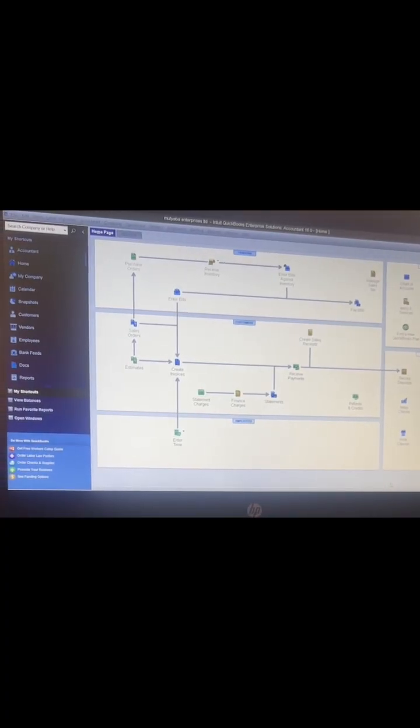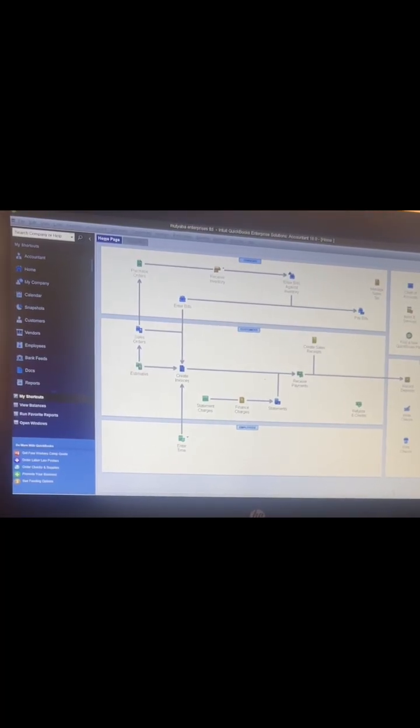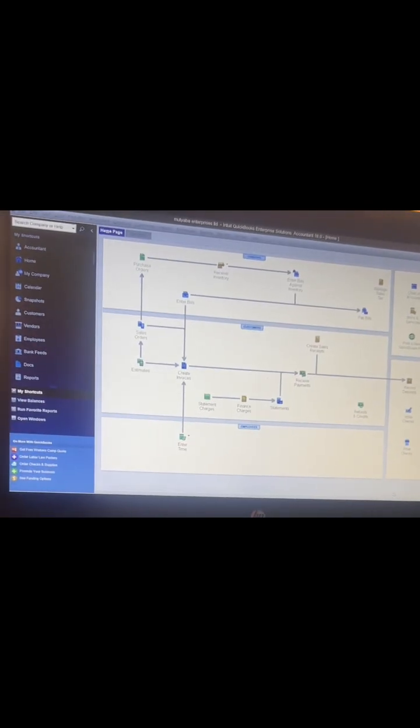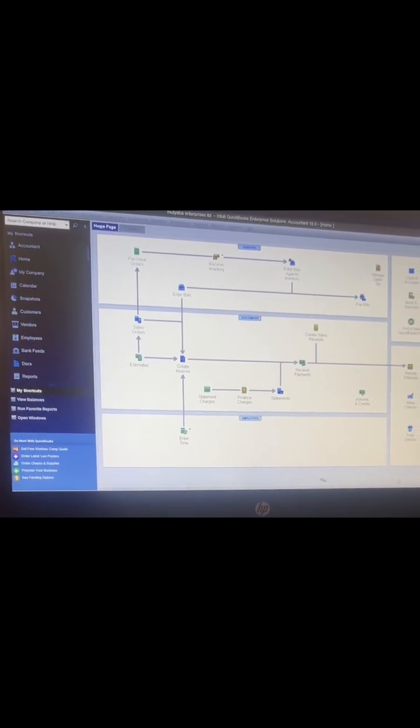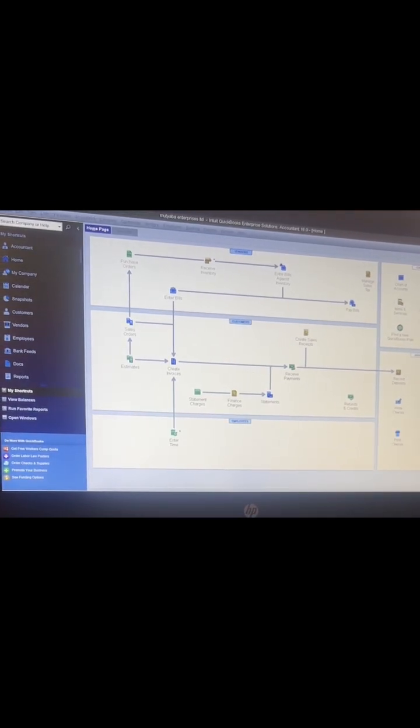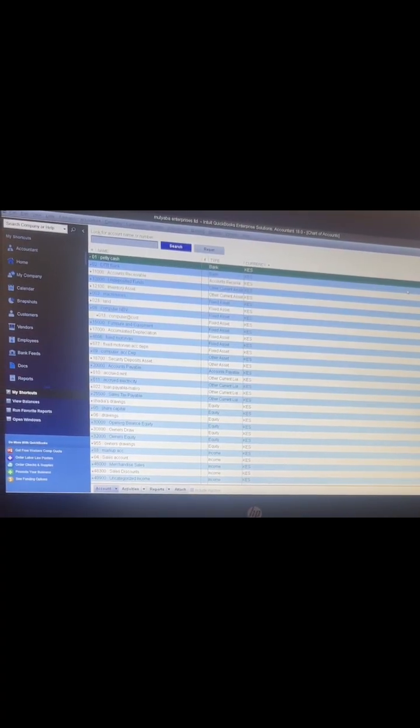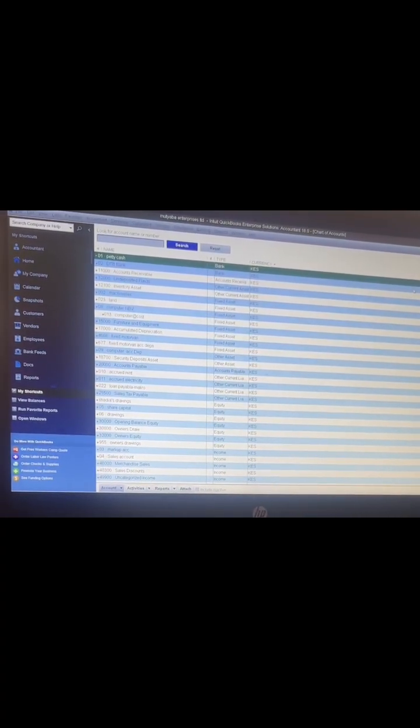Then another way we can record drawings is in the case where the owner takes goods from the business for personal use. So you come to the chart of accounts and you create two accounts: the inventory asset and the owner's drawings.